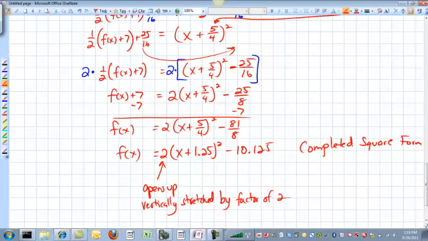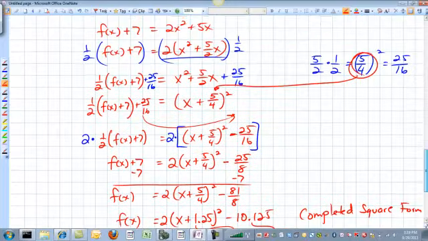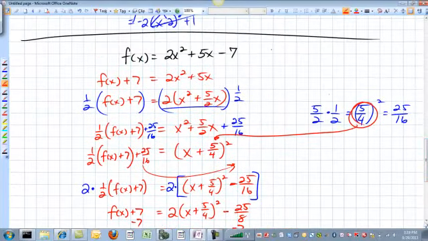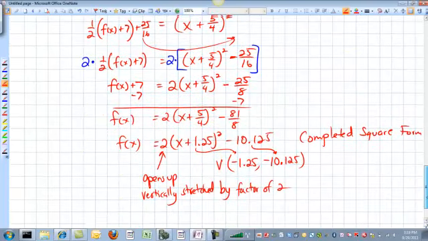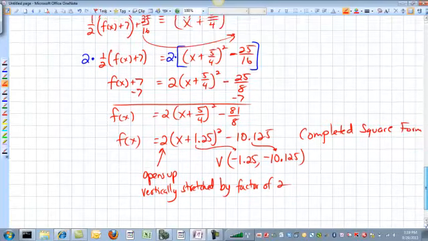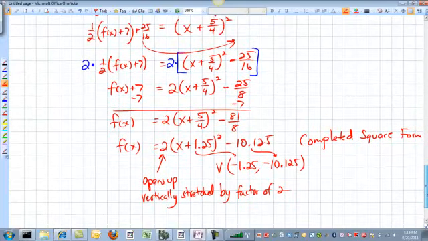I can also tell from here that the vertex is at negative 1.25, negative 10.125, a couple of numbers that only their mother could love. And from the original problem, I knew that the y-intercept was 0, negative 7. So even though I don't really want to draw these numbers out, I could, and I'd have a pretty accurate graph of what this looked like.